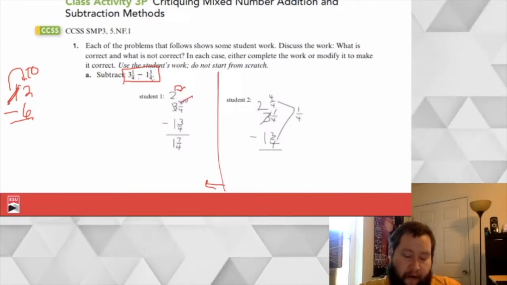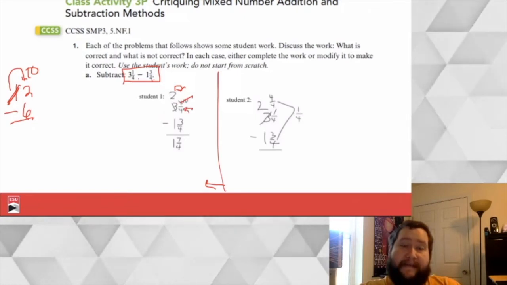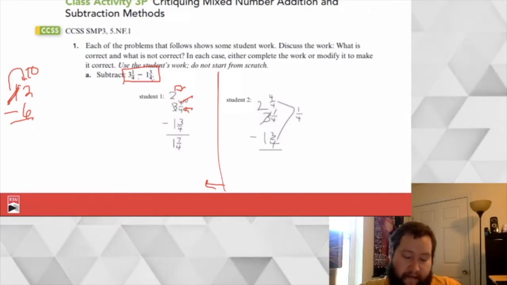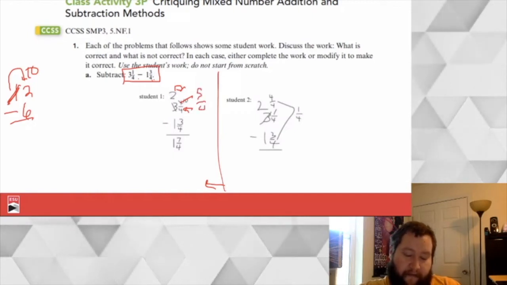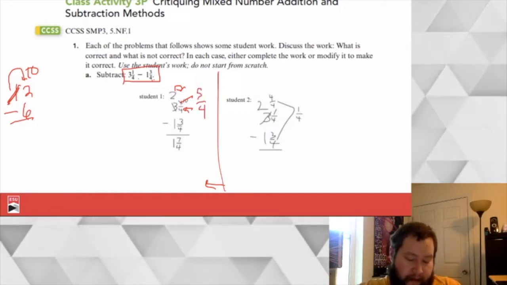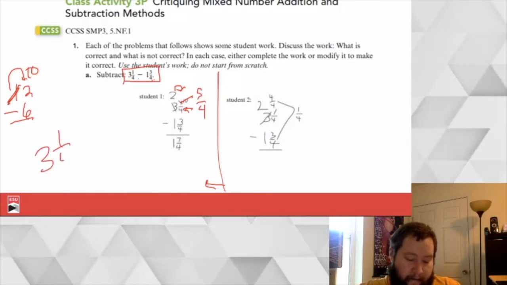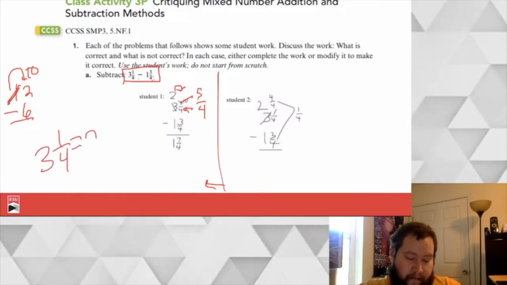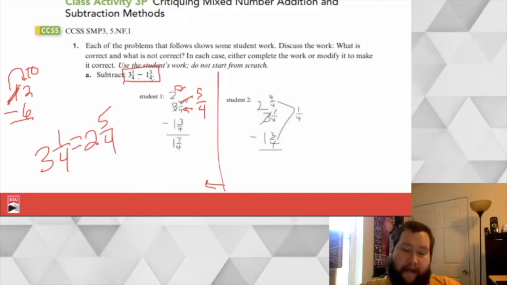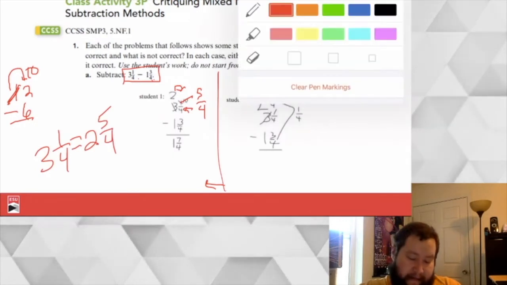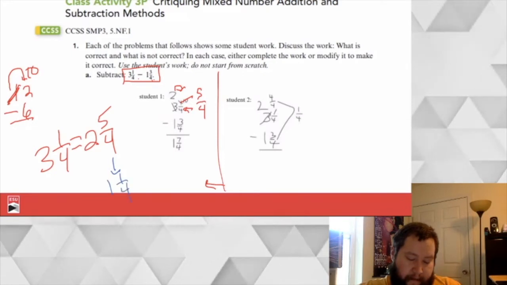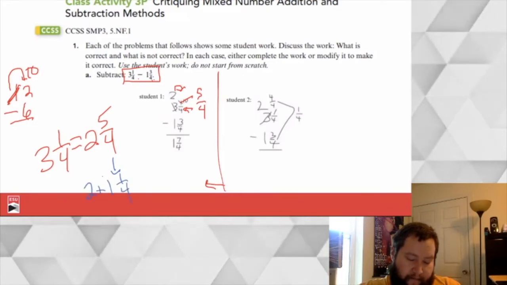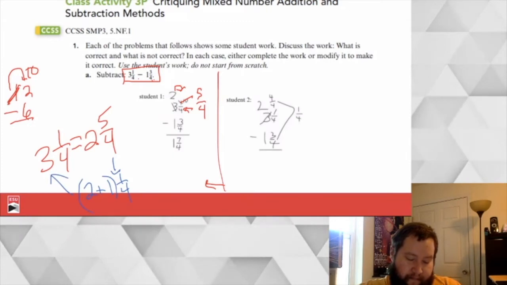Because 4, that denominator is how many pieces we have. So I don't have just 1, I have 5 fourths. So 3 and 1/4 is 2 and 5 fourths. And we can see that because 5 fourths is 1 1/4, and 2 plus 1 1/4 is 3 1/4.